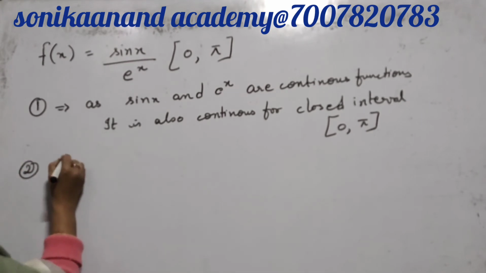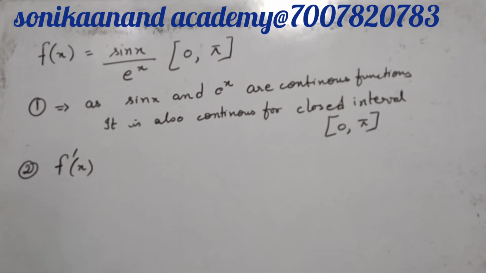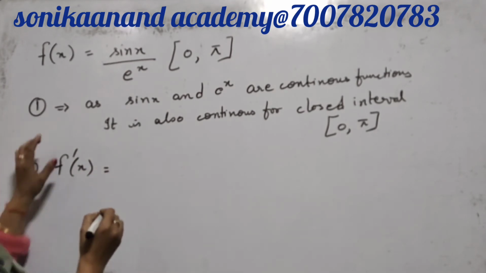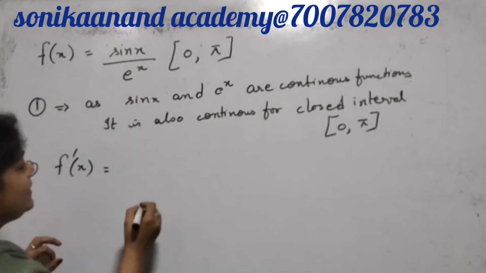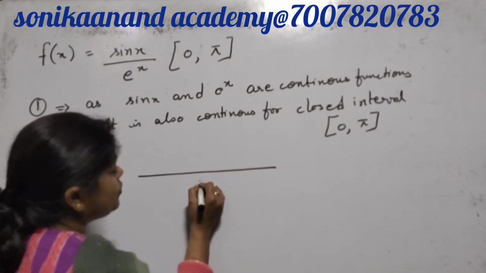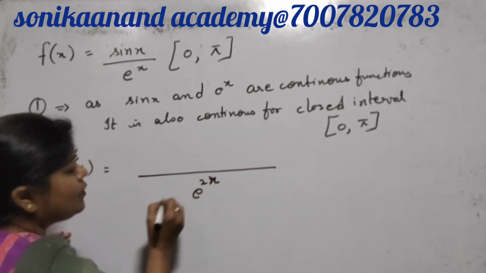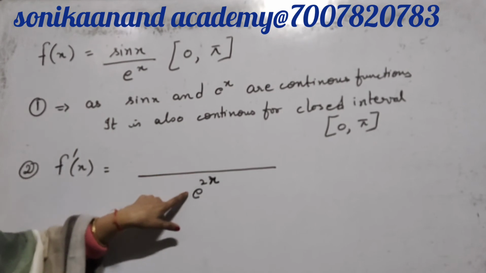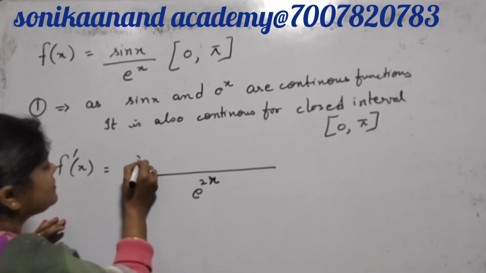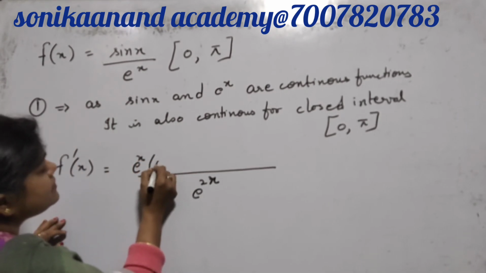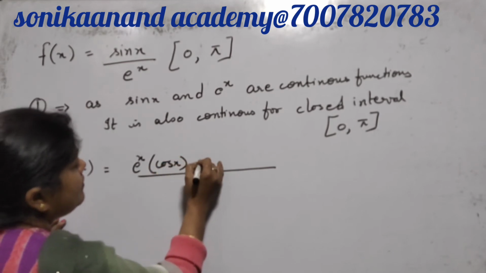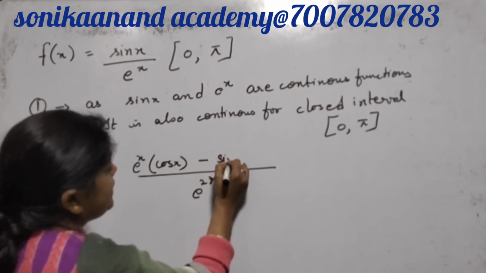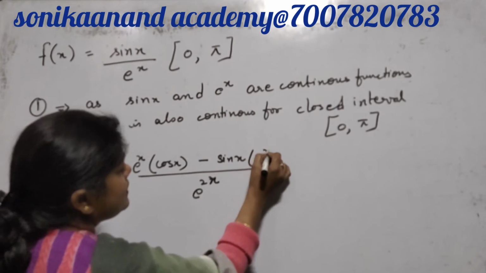Now, second one, whether it is differentiable or not. So, we have to find f dash x. So, we apply the quotient method, that is e^2x, the square of the denominator. Now, e^x times the differentiation of sin x, which is cos x, minus sin x times the differentiation of e^x, which is e^x.